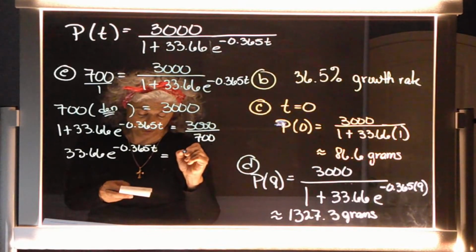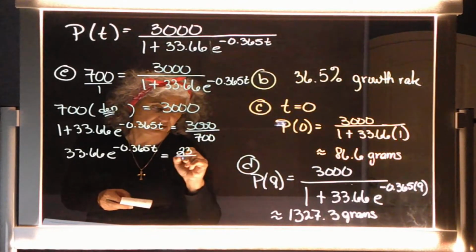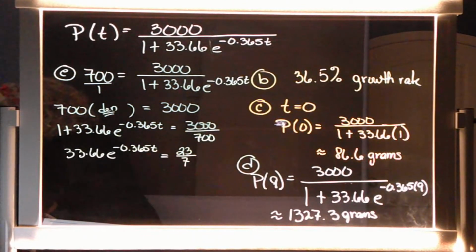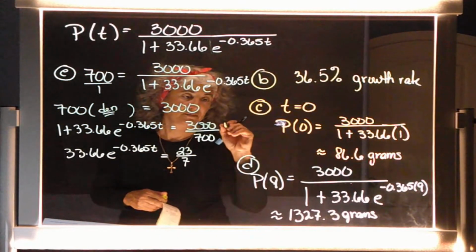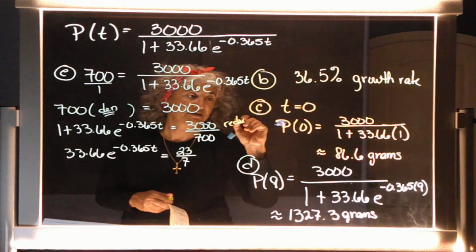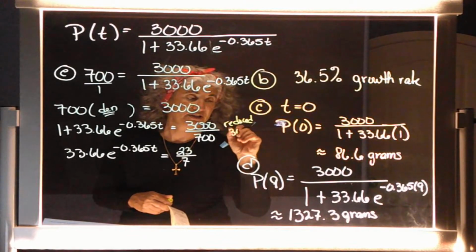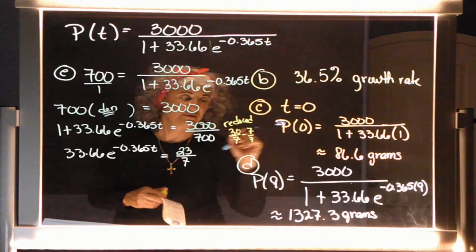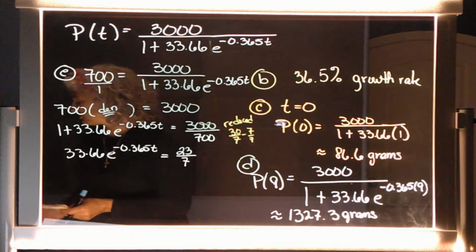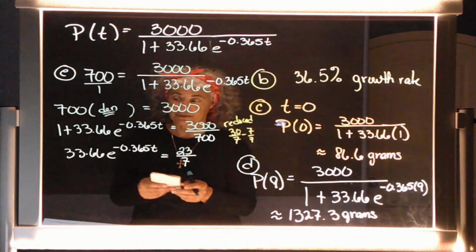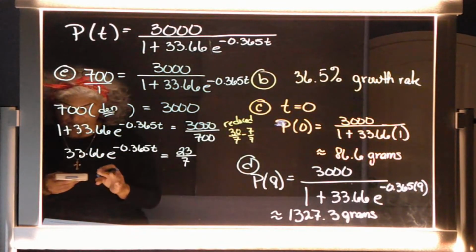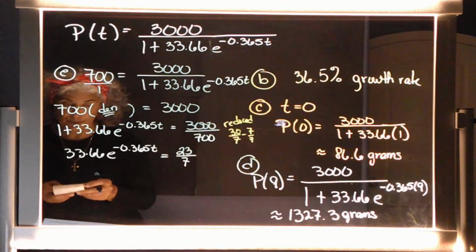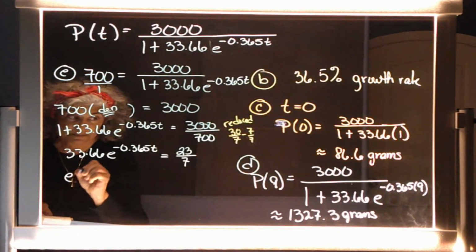I minus 1, I get 23 over 7. This fraction reduced to 30 over 7. And then I minused 1, which is 7 over 7. So for those of you who need a little refresher on your fractions, there you go. And then I have to divide both sides by this 33.66, don't I?